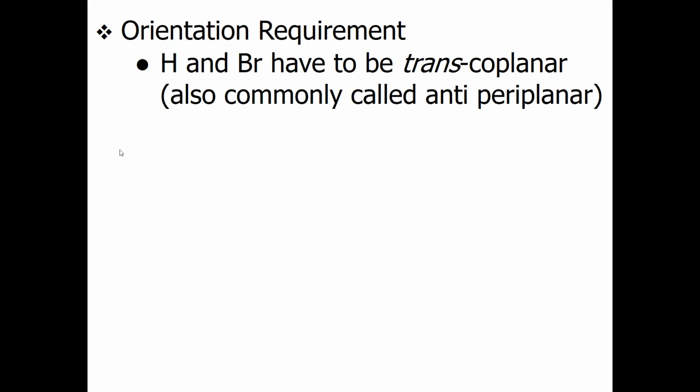As I mentioned, the hydrogen from the beta carbon and the bromine on the alpha carbon have to be transcoplanar for E2. If both hydrogen and bromine are cis, similarly E2 does not favor cis elimination. So how do we show this hydrogen and bromine as transcoplanar, which is also known as anti-periplanar? Let us see.